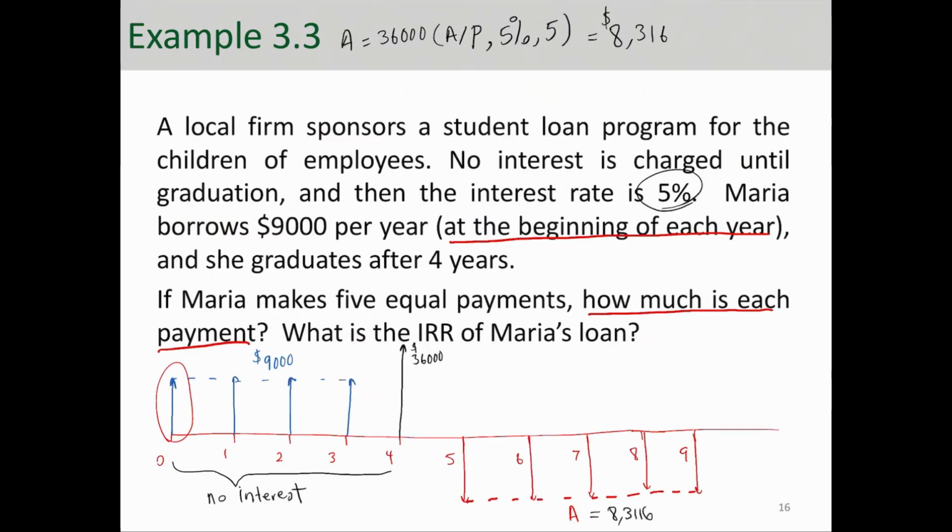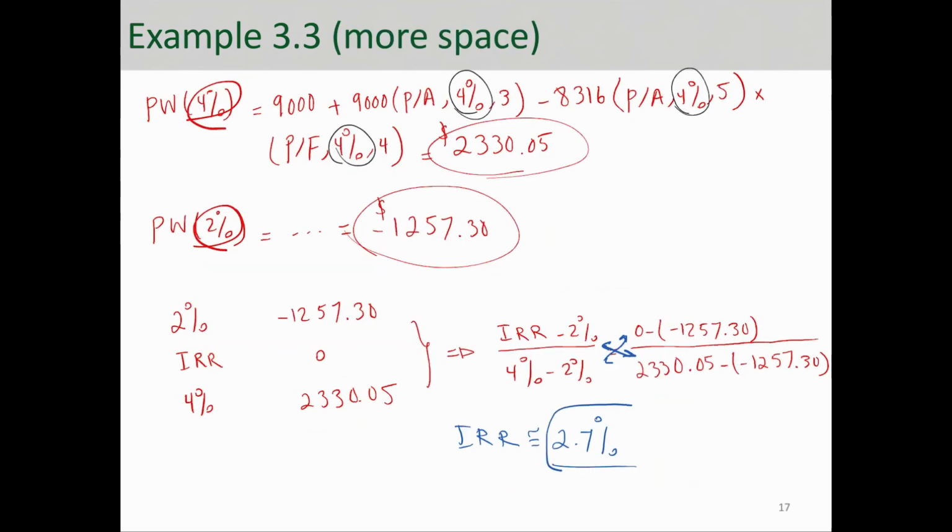And that makes sense because the interest rate on the loan was 5% only during the last 5 years, and there was 0 in the first 4 years. So in general, over 9 years, the IRR has got to be less than 5%, which is about 2.7%.